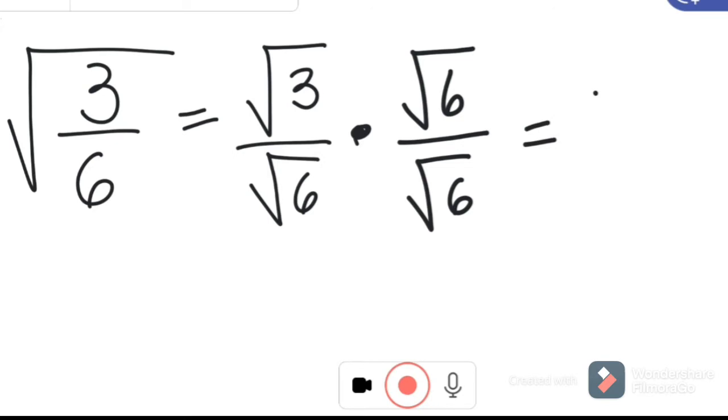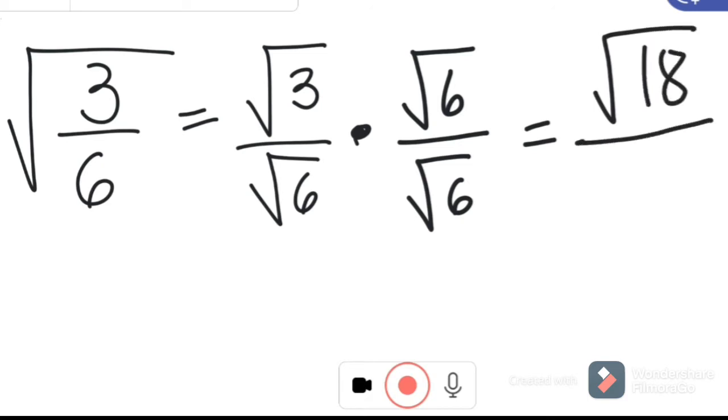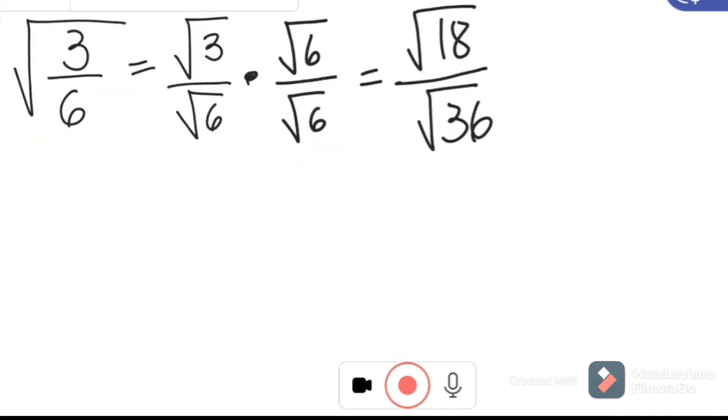Now let us proceed. Square root of 3 times square root of 6 is square root of 18 in the numerator, and in the denominator, square root of 6 times square root of 6 will be square root of 36. Square root of 36 is now 6, correct?